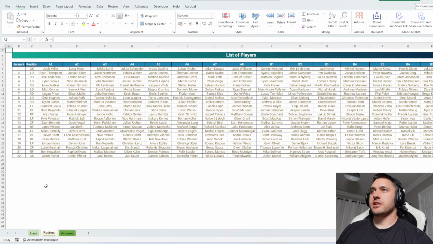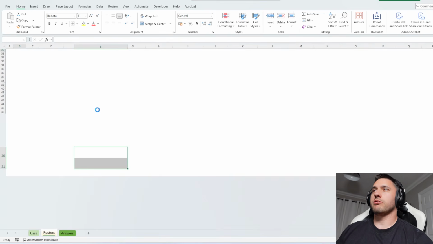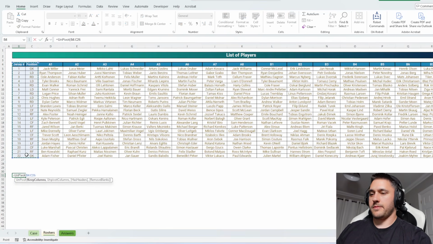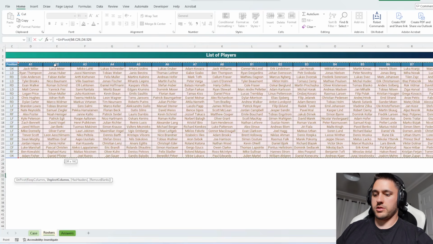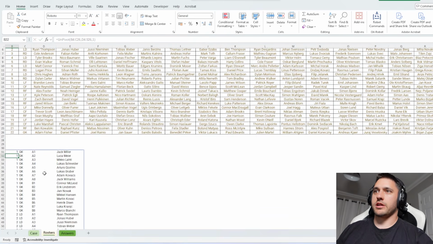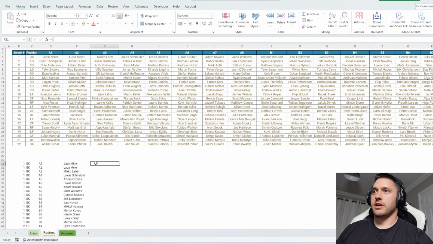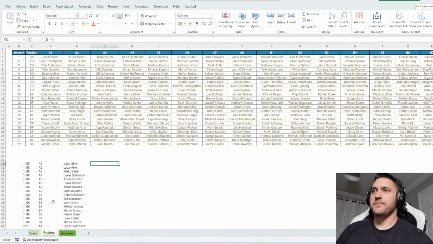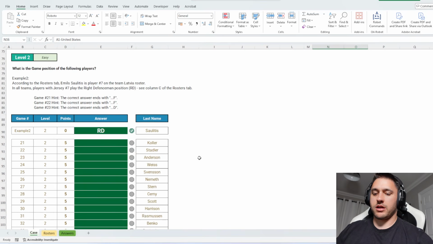I essentially had this grid of teams and players. So I did an unpivot. So I kept these, unpivoted these columns. If I just show you what that looks like, it gives me a nice flattened grid, and then I could look into this table to determine what team it was. And then the whole case was about tracking goals.